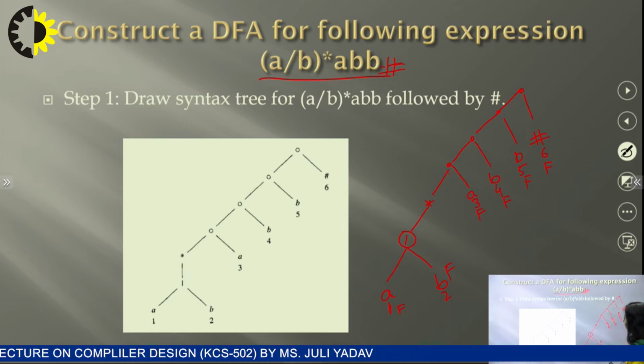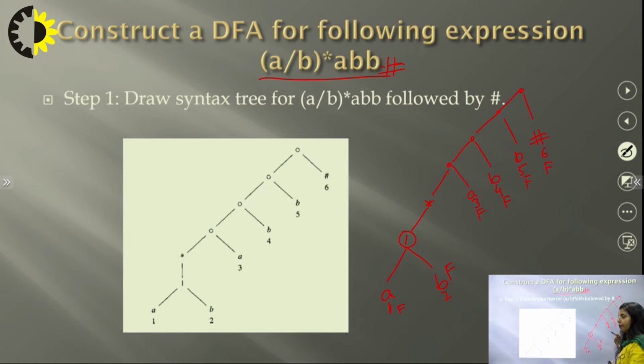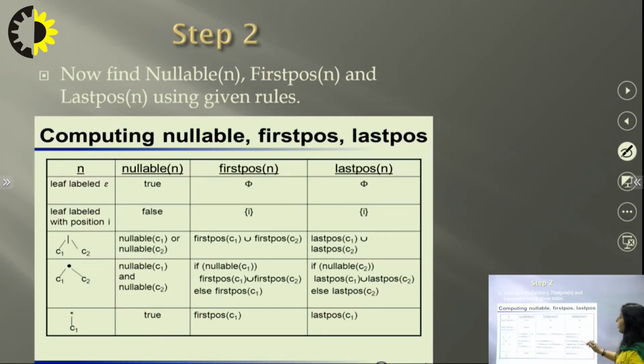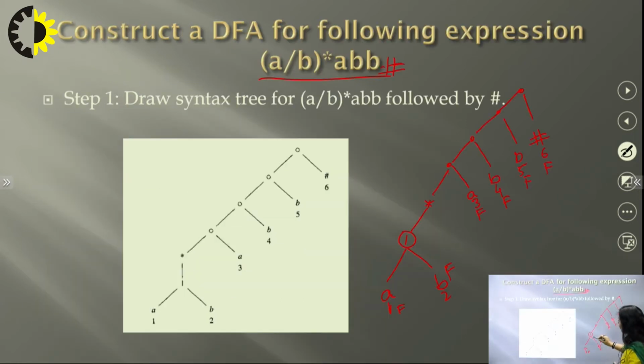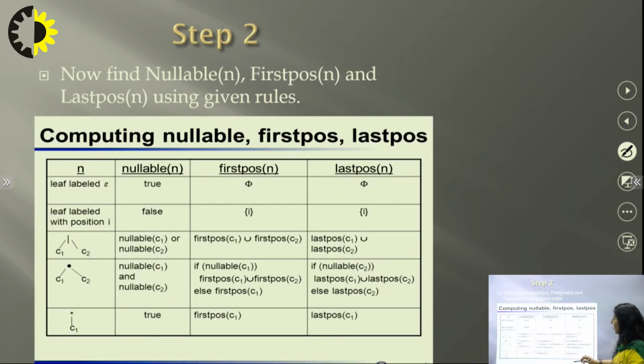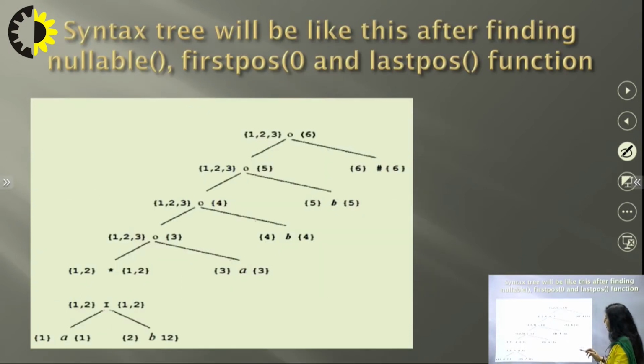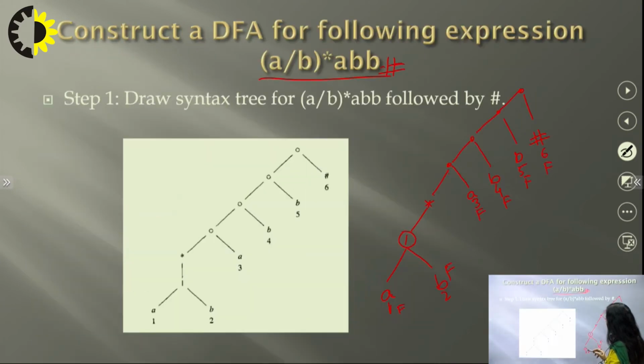Right. After computing the nullable function, we have to find the firstpos. But before finding the firstpos, we also have to compute the nullable for the intermediate nodes. How do we compute it? If the node is a slash with children c1 and c2, here we can see this is our intermediate node.